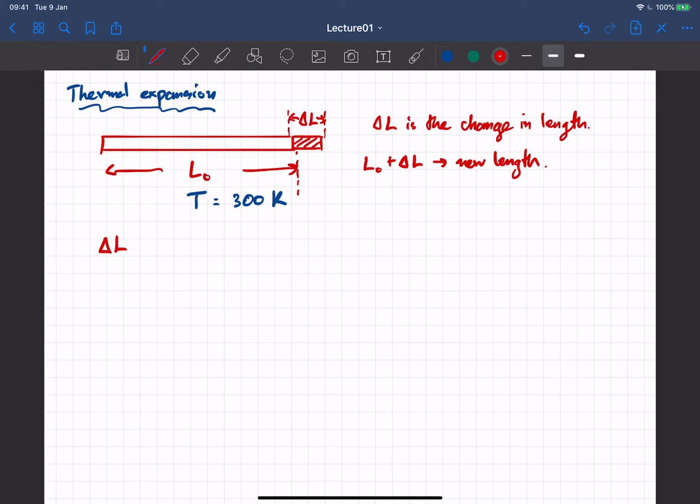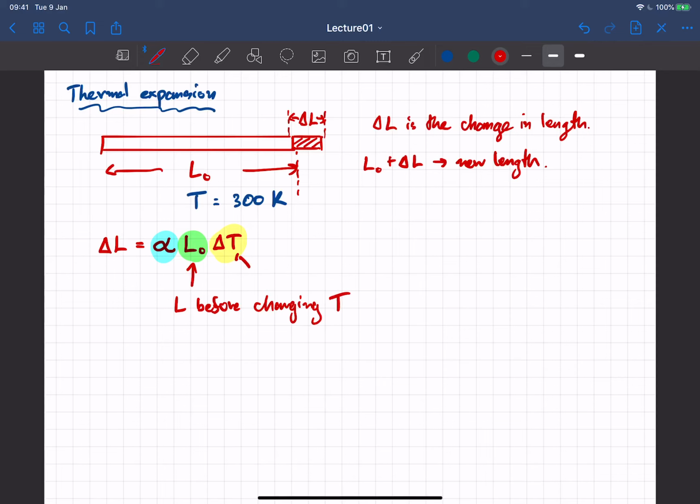So delta L is some number alpha, we're going to come back to this, times L0 and then times the change in the temperature. So we have three variables: alpha, L0 and delta T. Let's talk about the easiest one first, which is L0. This is just the length before you change the temperature.